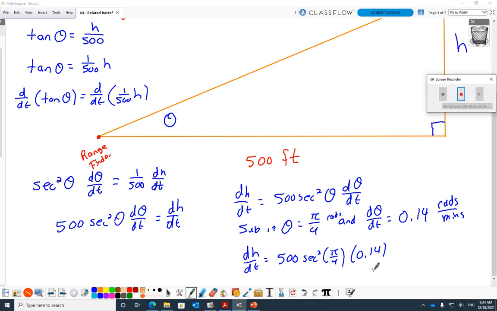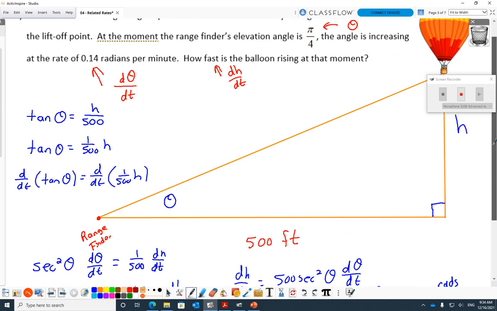Just enough room down here. dH dt equals, let's see, secant squared pi over 4 is 1 over cos squared pi over 4. 1 over root 2 squared, 2, 1,000 times 0.14 is 140 meters per, what were we, minutes? Seconds? Minutes, meters per minute.